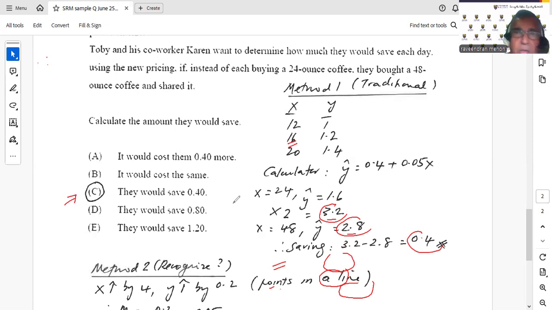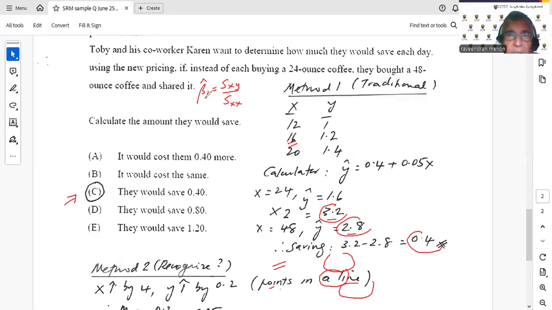Alternatively, you can use the formulas that you have learned. Let me just write it down here. You can use these formulas and work out all these, if I may call it sum of squares. Actually, they are not exactly sum of squares, SXY and SXX, but let's just call it sum of squares.